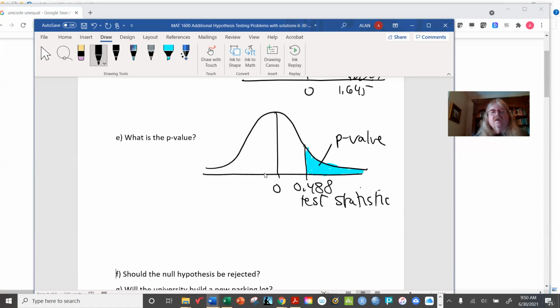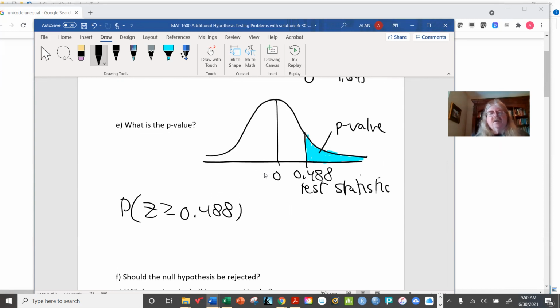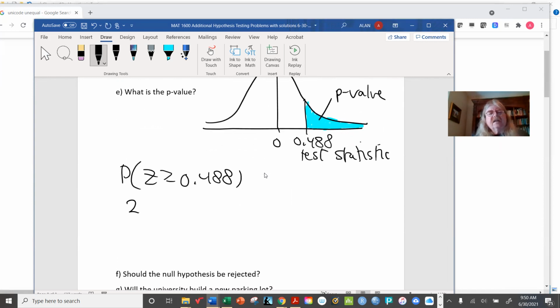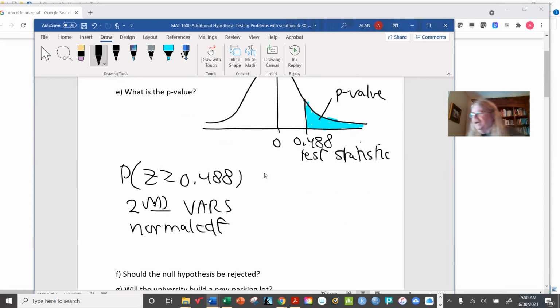What you're looking for is the probability that z is greater than or equal to 0.488, which you can get from your calculator by going to 2nd vars, normal CDF. And of course, you'll be asked for lower, upper, which is of course infinity.